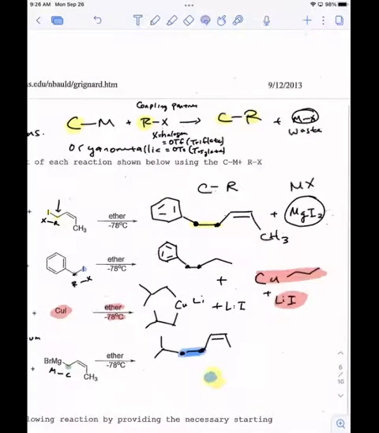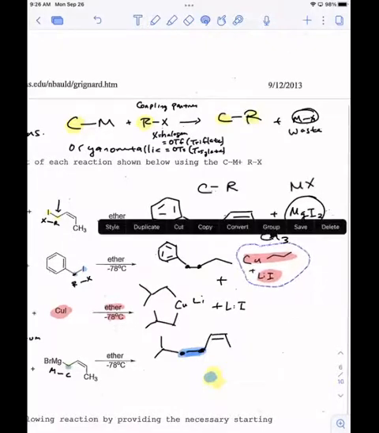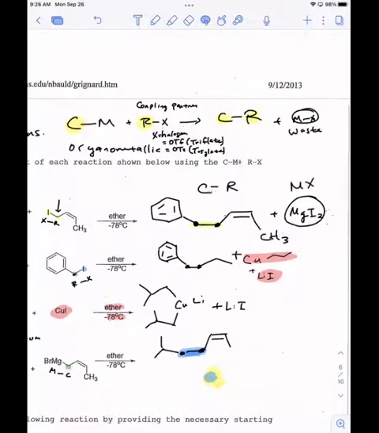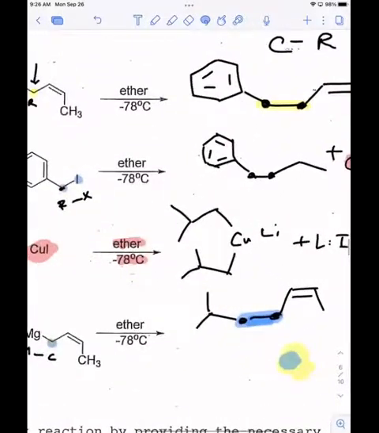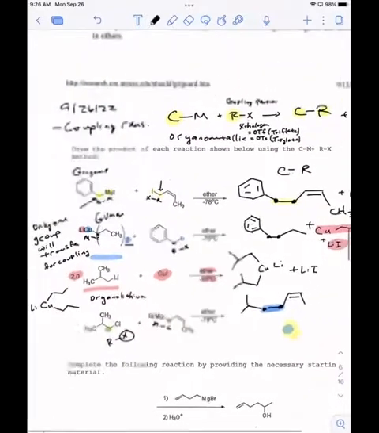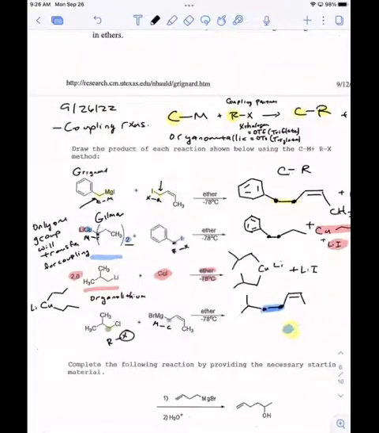Let me move this up some. All right. So this is actually how we make the Gilman reagent. All right. Any questions about the coupling, the synthesis, anything?